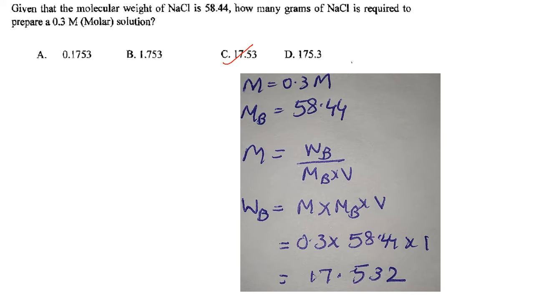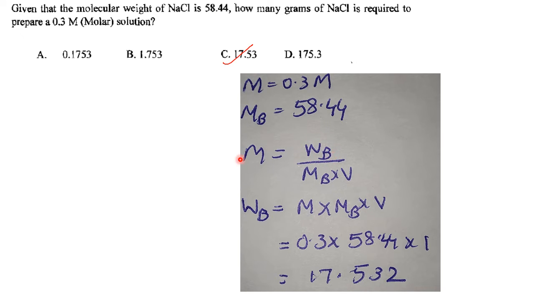Then next one. Given that the molecular weight of NaCl is 58.44, how many grams of NaCl is required to prepare 0.3 molar solution? So here we have got the molarity given and the molecular weight is also given. For 1 liter, how much grams we have to take and dissolve.